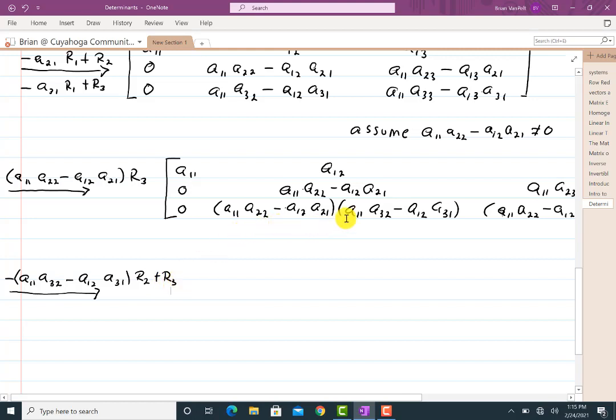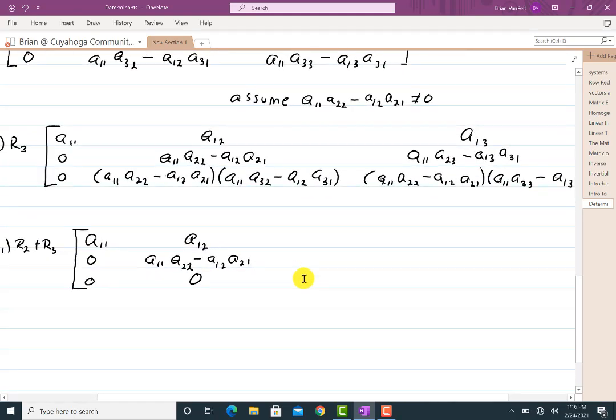So I'm taking the negative of this thing, so when I attach it to this, I'll have the negative of the whole quantity, and that will zero that part out. However, this quantity down in the last spot will get very ugly looking.